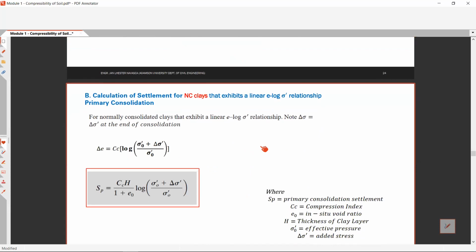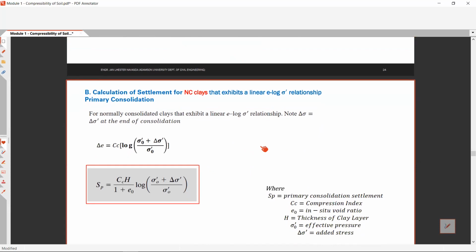Next is the calculation of settlement for normally consolidated clay. So remember, there is normally consolidated and over consolidated. Okay.